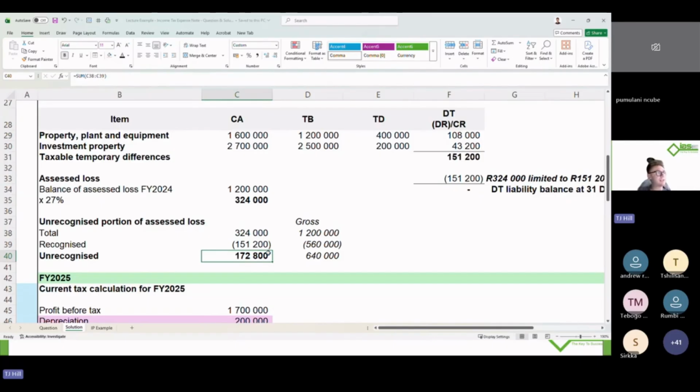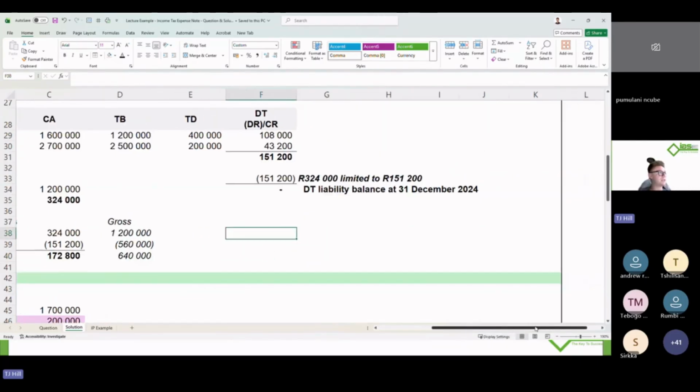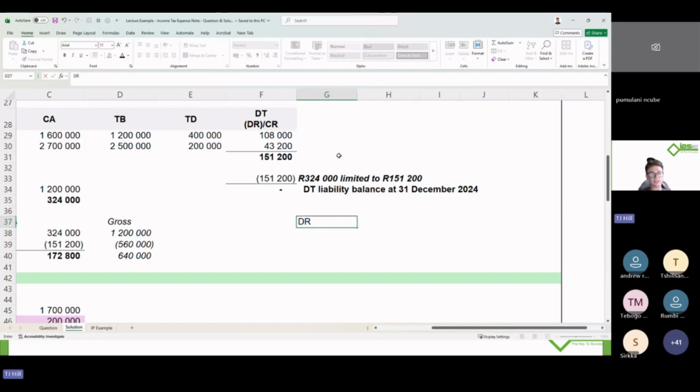Do you realize that when I passed the journal last year, now I want to tell you that you can technically pass a journal for all of these ones individually, but don't waste your time doing that. So I'm doing a shorthand here. I did a journal there for the movement in that, the movement in that, and the movement in that.